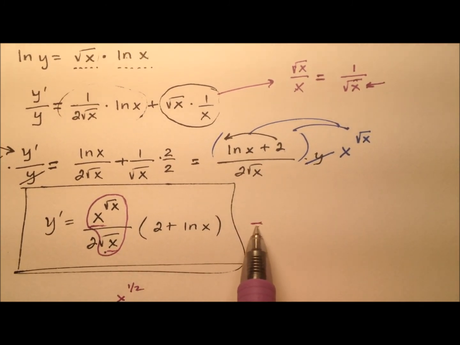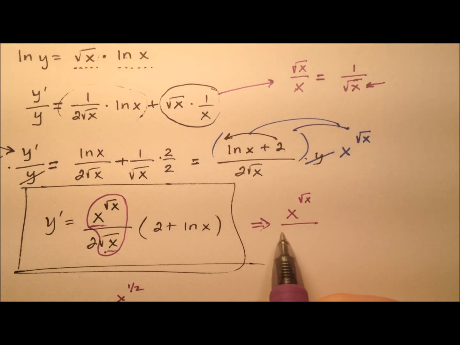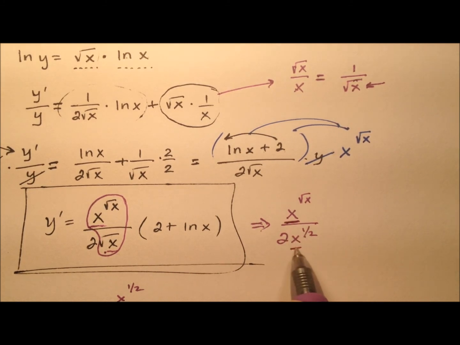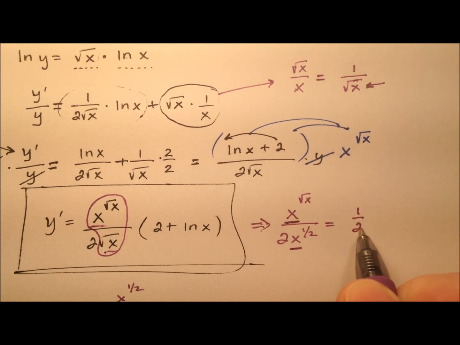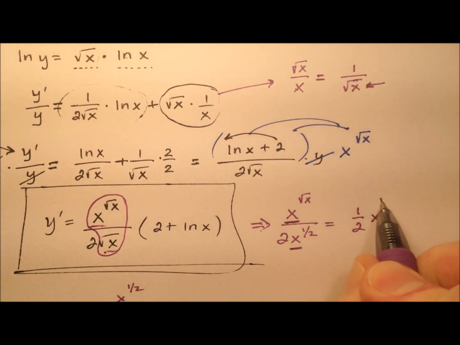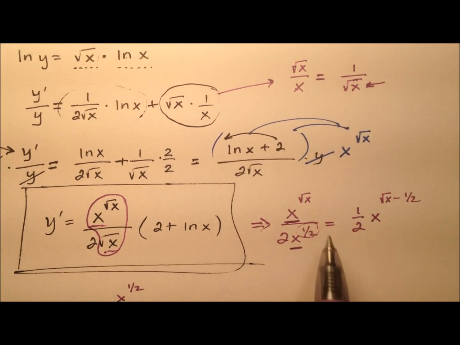So what I'll really have for that first term is x to the power of the square root of x over twice x to the 1/2 power. These like bases, I could subtract the exponents, so I would have 1/2, and that's that 2 right there, times x to the power of the square root of x minus 1/2 by bringing this 1/2 up.